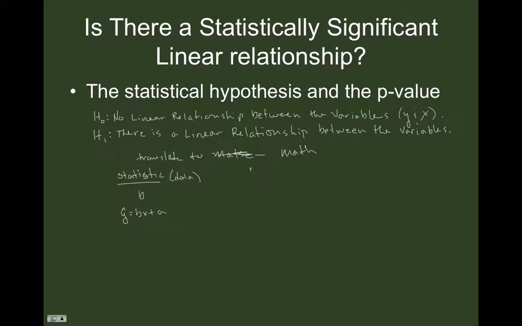And we're going to have parameters. In this case, the parameter is beta, and parameters come from the population. The parameter is going to be part of the equation y equals beta x plus alpha. Now, students are understandably confused about having two different versions of the equation here.